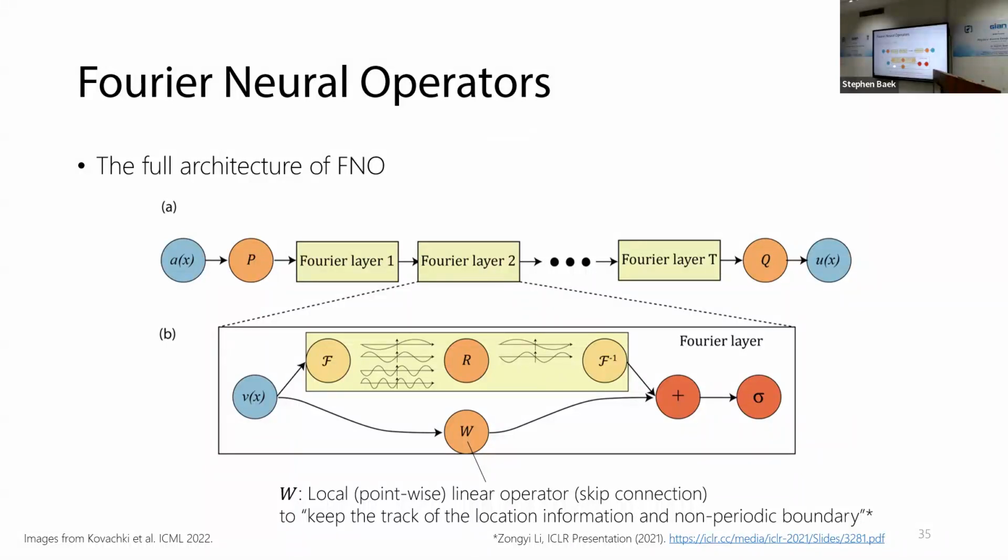There's an auxiliary pathway. This is a parallel connection inside of the neural network, and in this so-called skip connection, we apply a local pointwise linear operator. The point of doing this is because when we do the Fourier transform, especially for computational concerns, we do not use infinitely many sine waves.